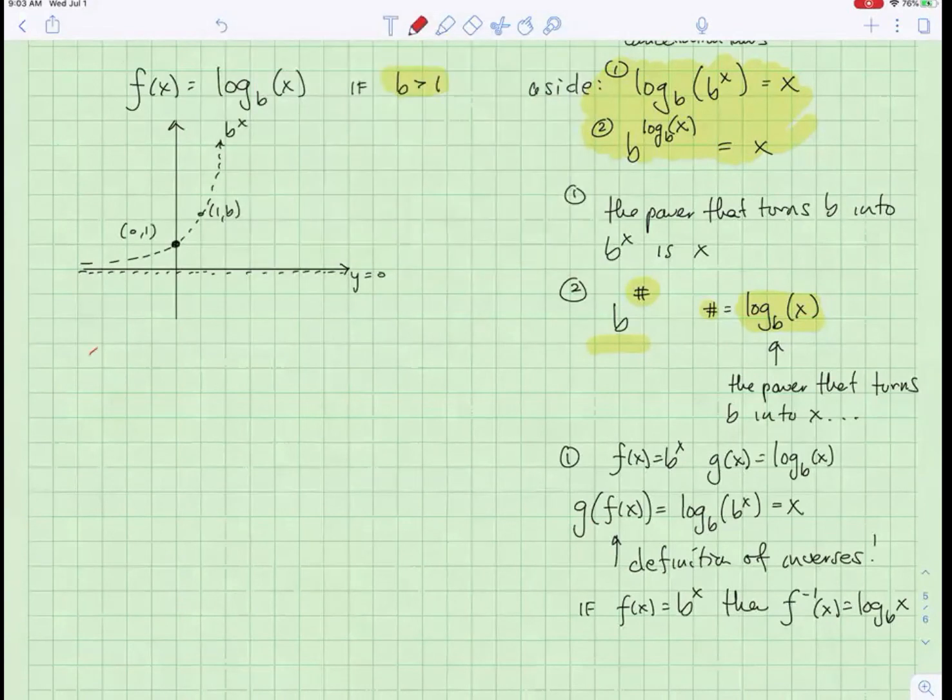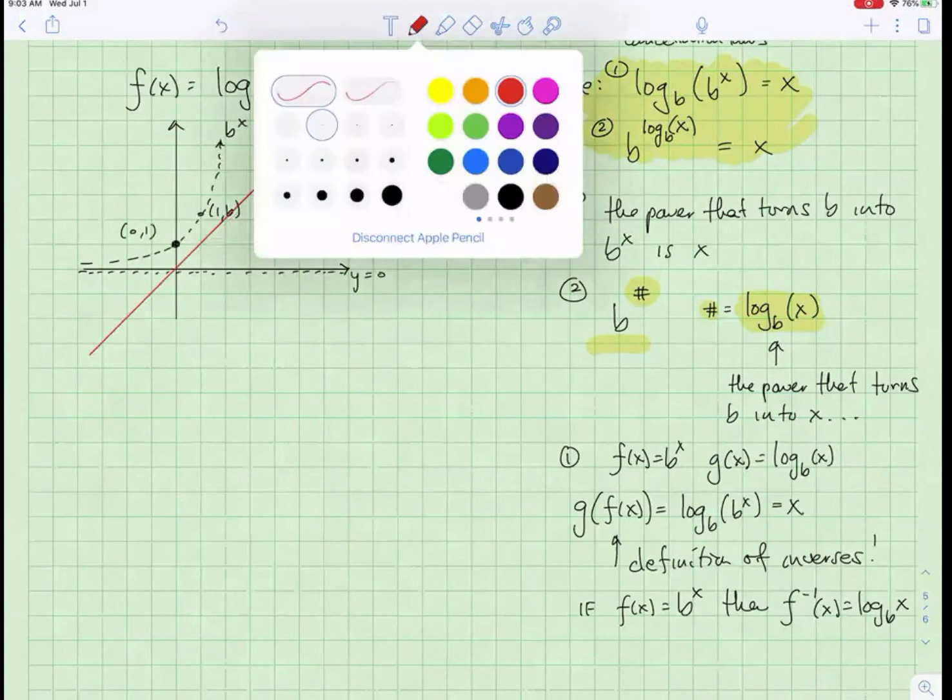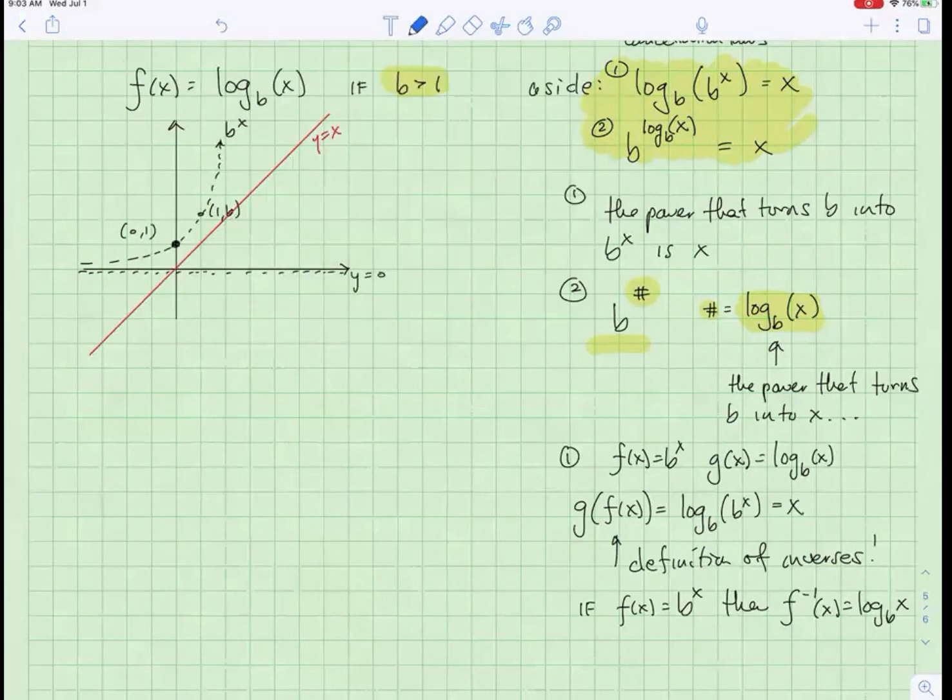So first of all, as we talked about in the inverse section, it is a reflection about the line y equals x. And if that's a role reversal of ordered pairs, that is to say, if this goes through 0, 1, then the inverse will go through 1, 0. And if this goes through 1, b, this will go through b, 1, wherever that is.